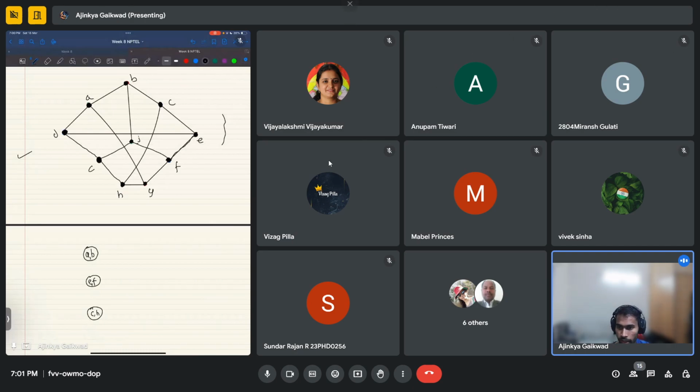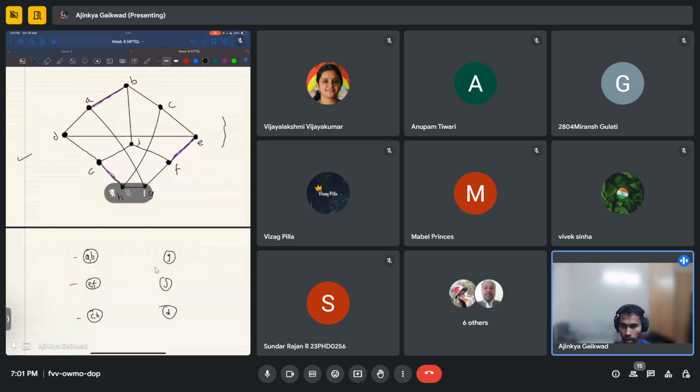It will appear in a minute. I hope. Ah, yes, it is there. So I ran edge contraction three times on these three purple edges, and I obtained A comma B, E comma F, and C comma H. And then I kept G, J, and D as they are.